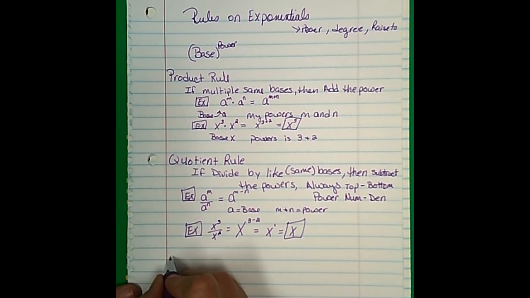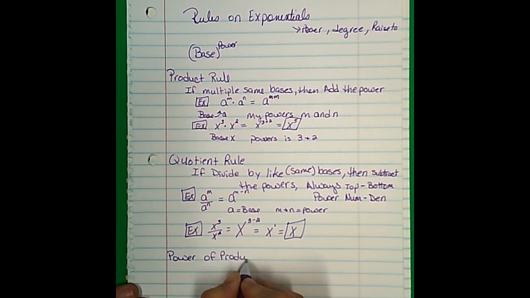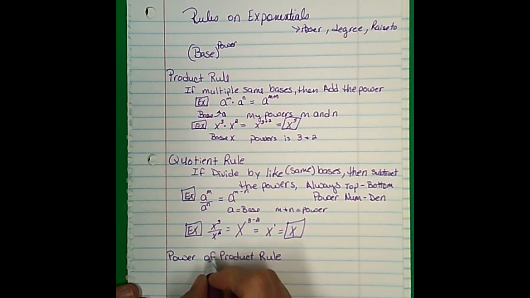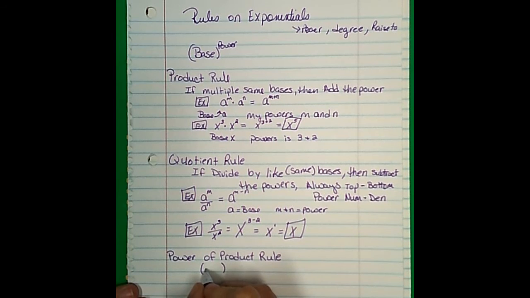My next rule is the power of product rule. And whenever I have a power of product rule, I can have a lot going on. I can have a as a base raised to m times b as a base raised to m.